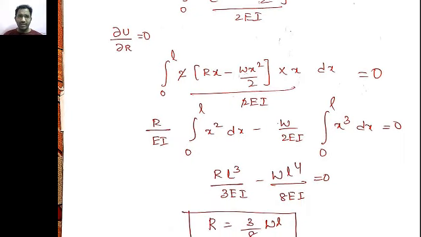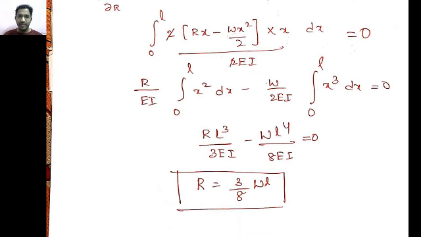What is the integral of x power n? It is x power n plus 1 by n plus 1: x cube by 3, and here x power 4 by 4. After applying the integration, R L cube by 3EI minus w L power 4 by 8EI.